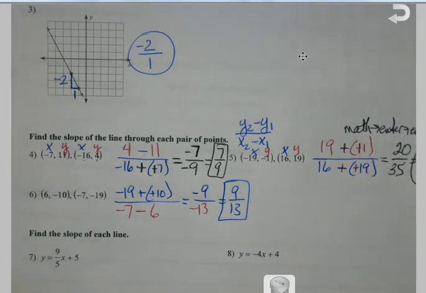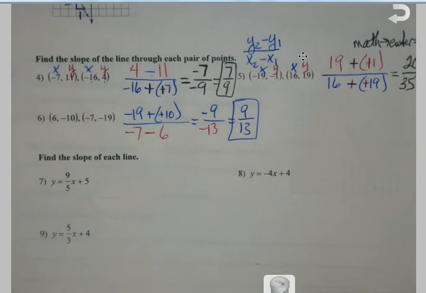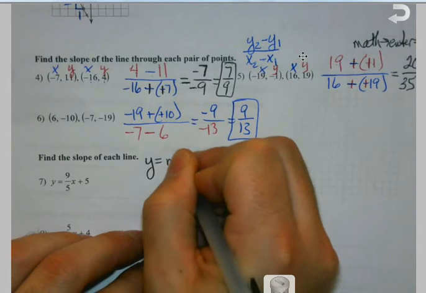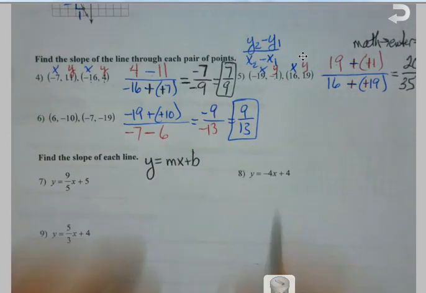So no problems there. And now the last one, we haven't done as much of this yet as the other two. When we're finding the slope of the line, you're not even going to have to do any math work here. This is going to be awesome. These equations are set up in what's called slope-intercept form.